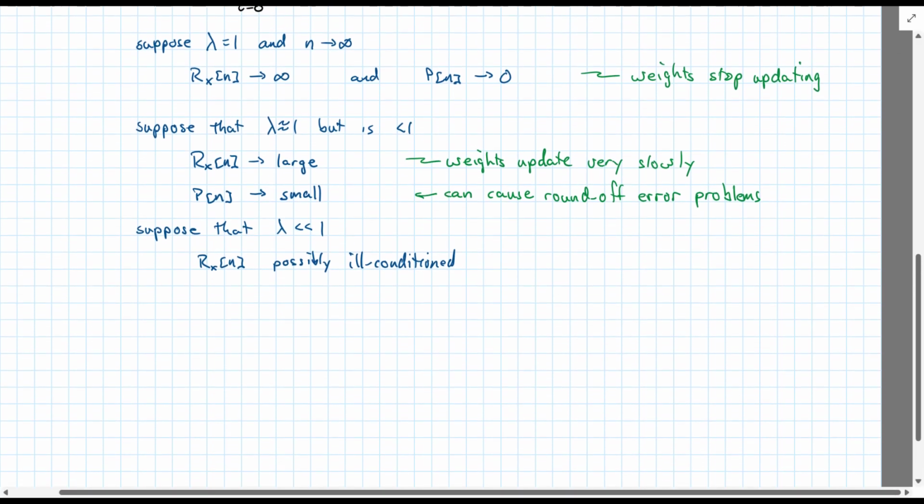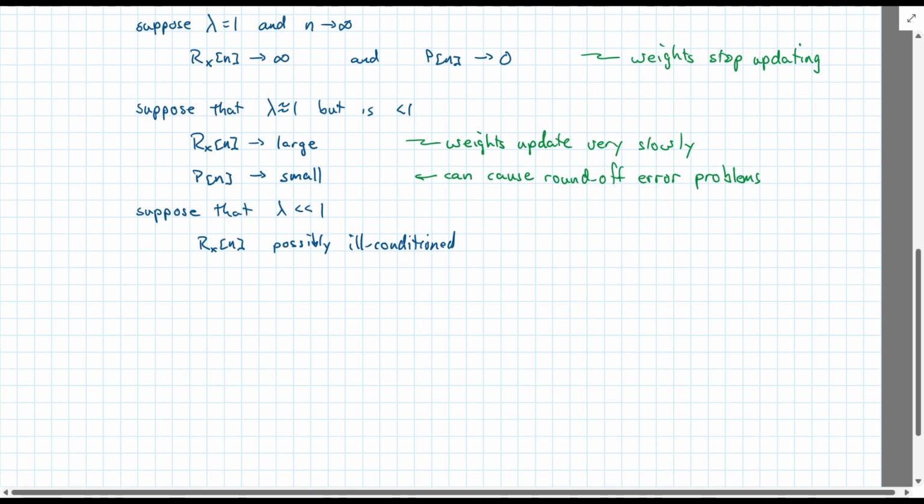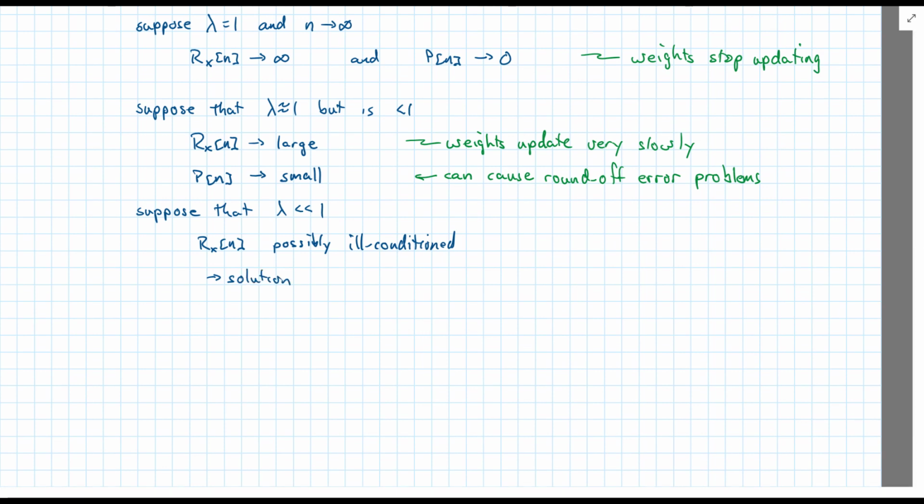So, if that's ill-conditioned, then we're going to have wild variations in the solution. In other words, it's going to bounce all around. So typically we want lambda to be near 1, but not equal to 1.